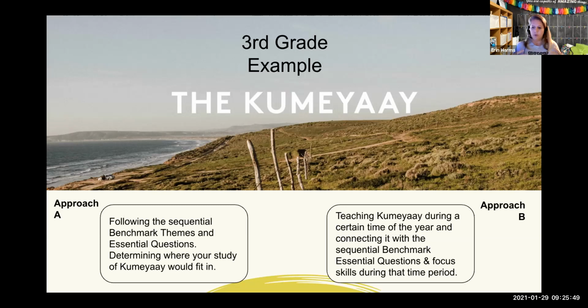So when I look at Benchmark, especially in fifth grade, the first unit is the Constitution. That throws me for a loop immediately because I teach social studies as a timeline, linear. And so I'm not ready to start with the Constitution. I'm ready to start with Native Americans. That's where I want to start.